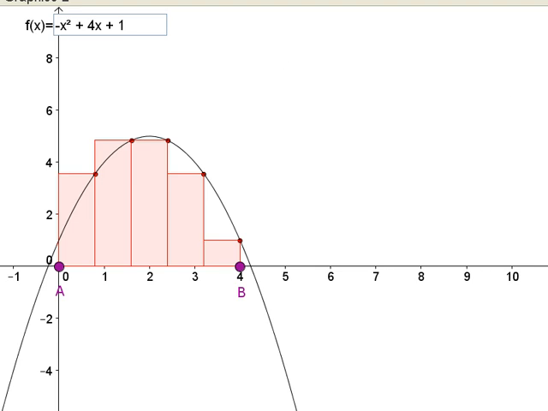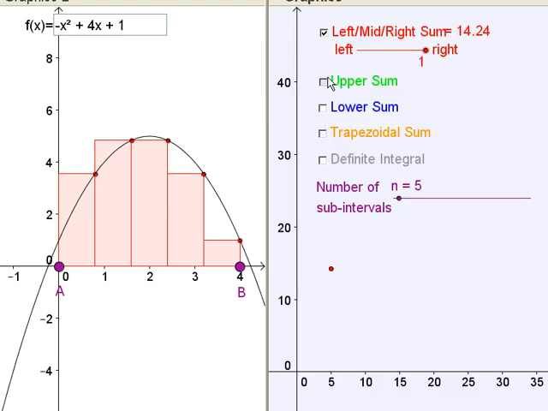But the good news for you is that if we want to find the exact area under the curve, it's not going to matter what we use. It's not going to matter whether we use the upper, lower, left, or right sum. If I were to display all three sums, the little graph on the right shows the actual values of the right, upper, and lower sums when n equals 5.